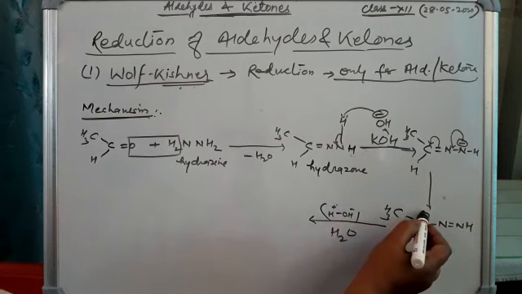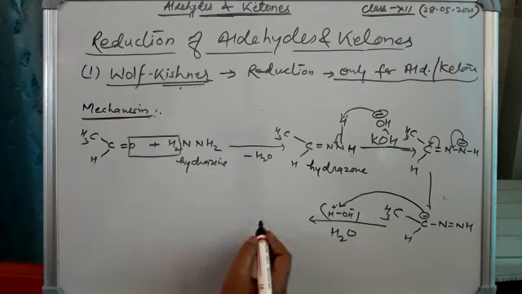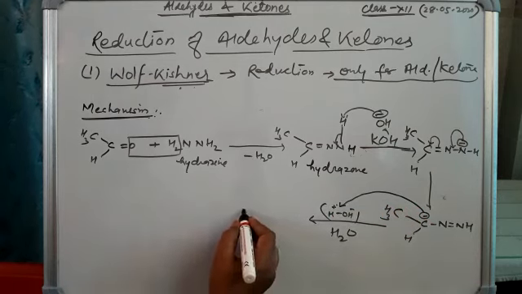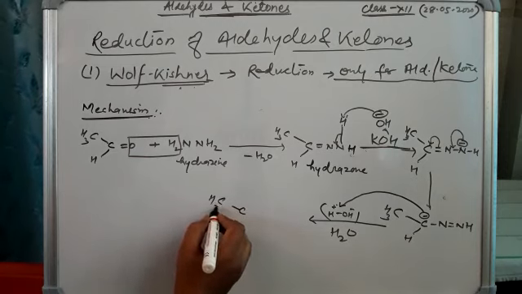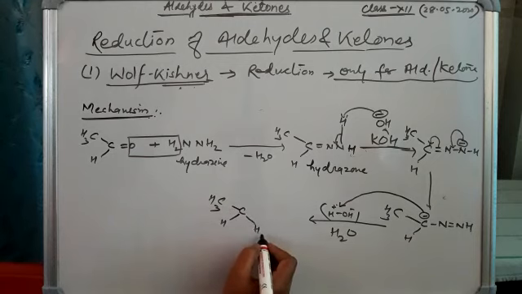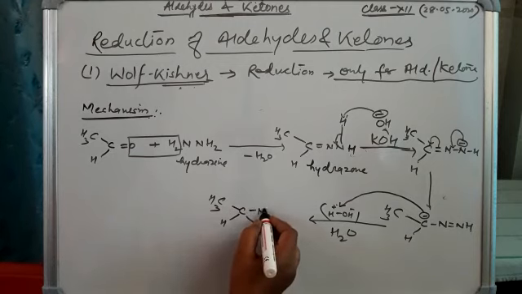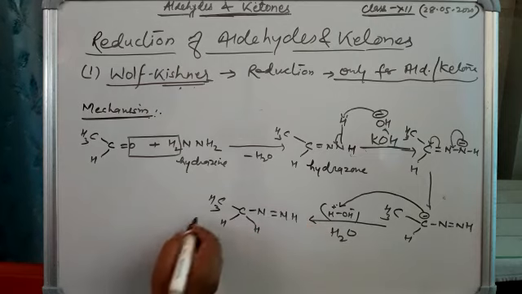This OH ion goes towards the carbon, and we get CH3CH with one hydrogen also here on the nitrogen, N double bond N and H.